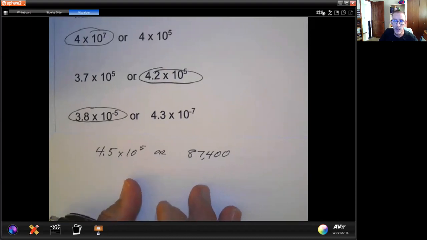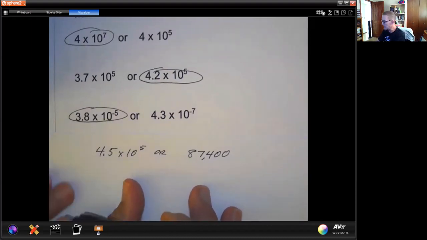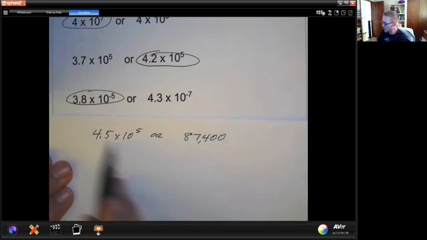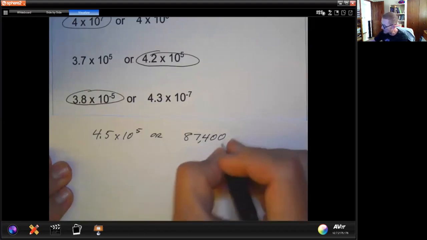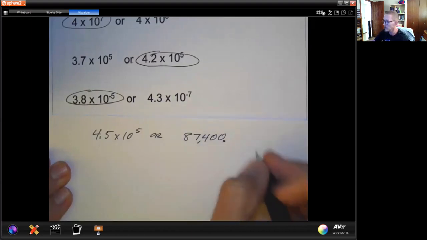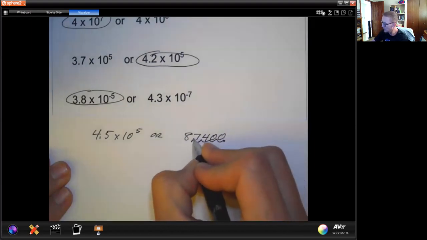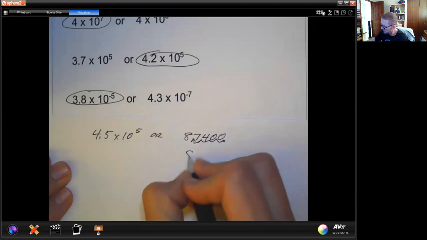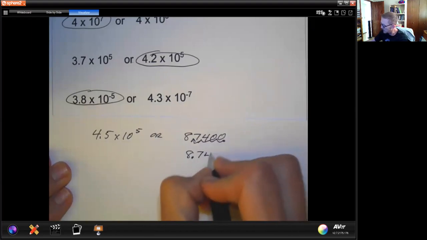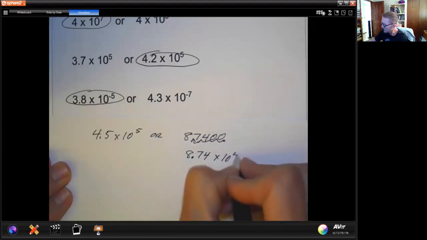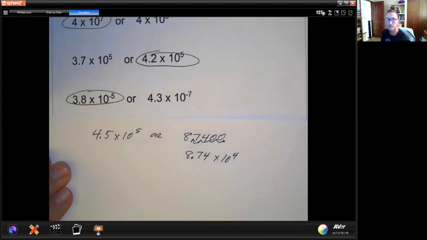Now, I think both scientific is probably going to be easier. Well, this one's already in scientific, but this one's not. So I'm going to have to take this decimal and move it 1, 2, 3, 4 times. So this becomes 8.74 times 10 to the 4th.